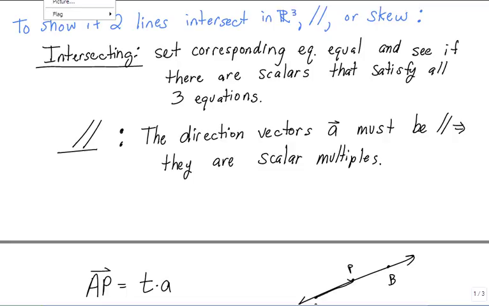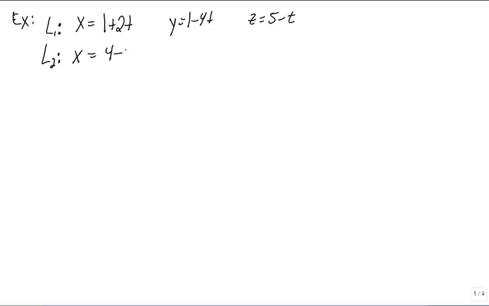So let's see an example of this. Here's one line, and here's the second. So L1 is this, L2 is this, and the scalar in the second is v.